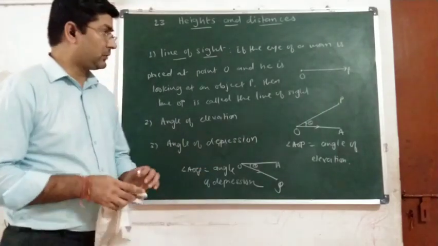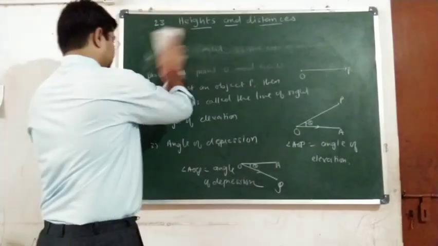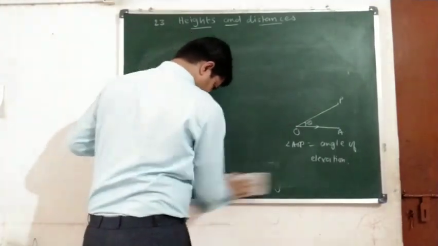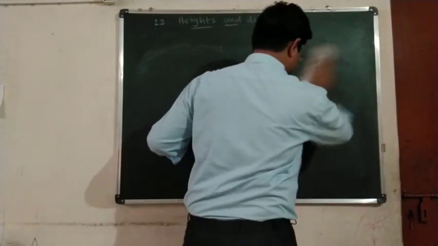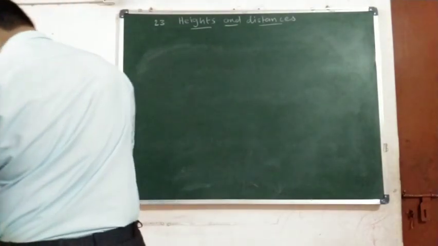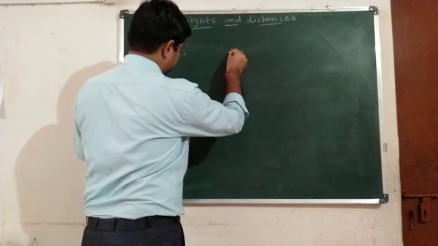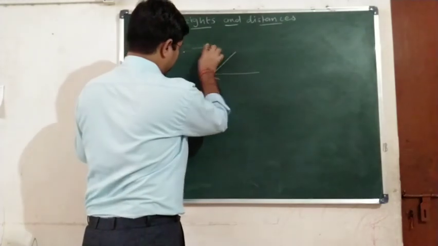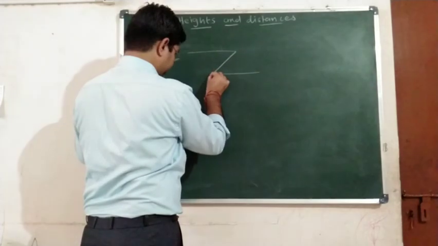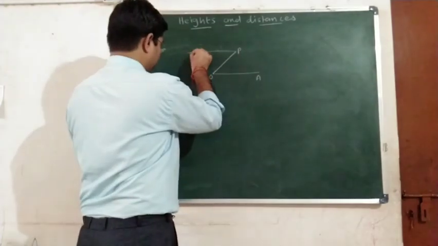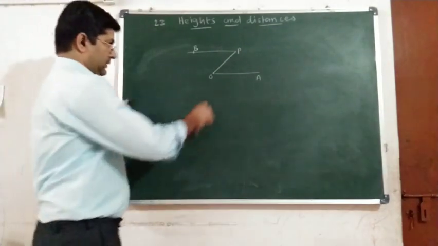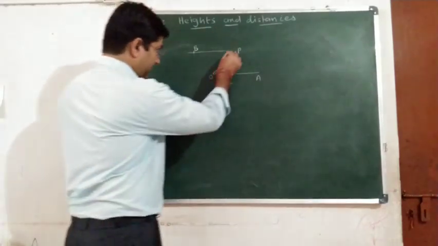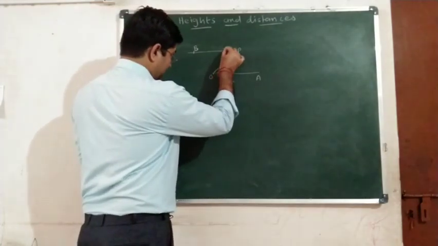that angle of elevation will be equal to angle of depression. We can understand this fact with the help of a diagram. Suppose from point B, if you are looking at point O, then the angle of depression we have, say this is alpha.